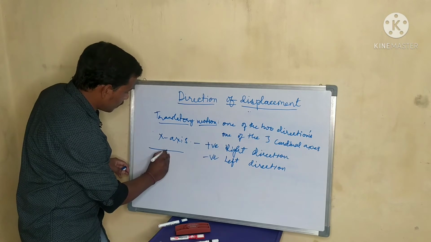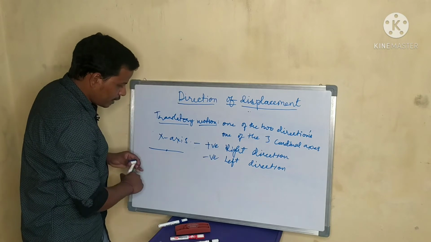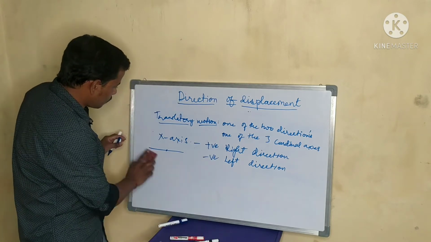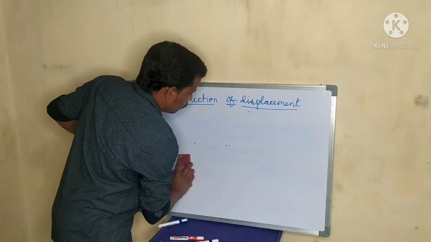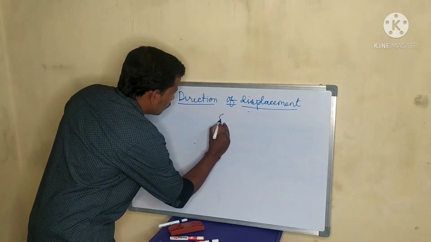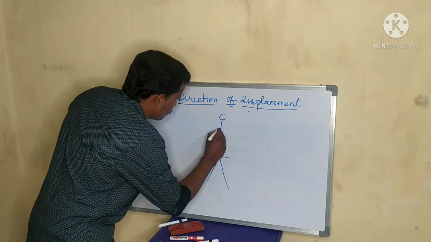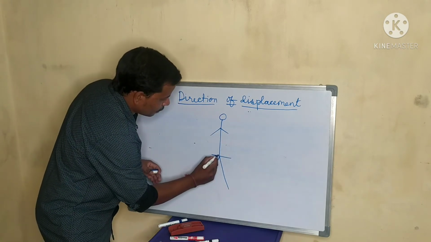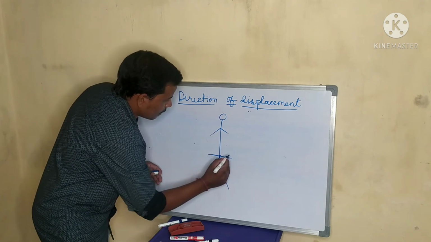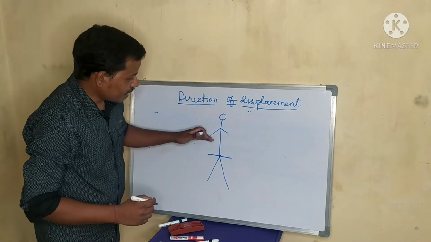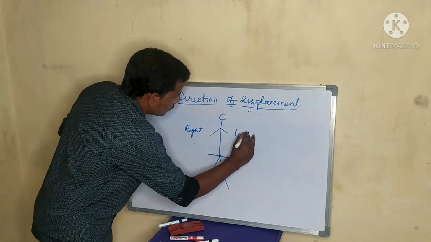For example, assume this is the center of mass and this is the x-axis running from side to side, this is the right side and this is the left side.